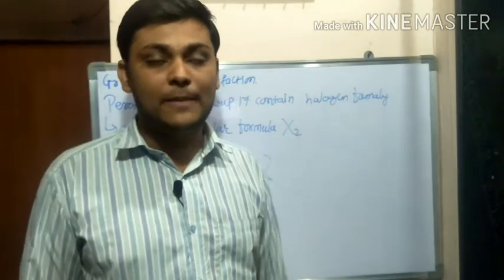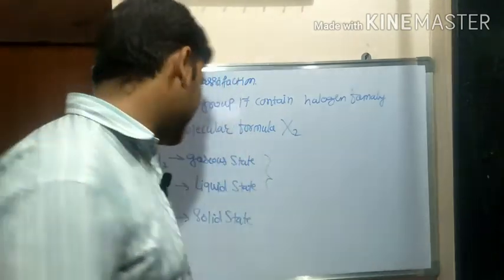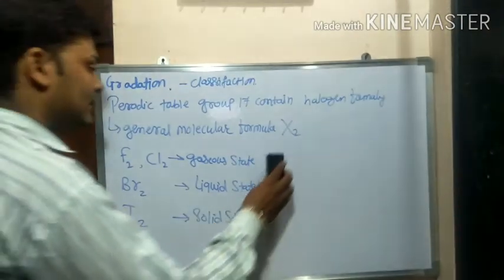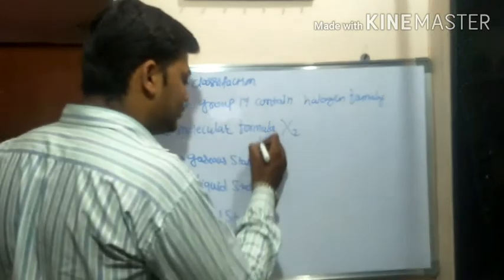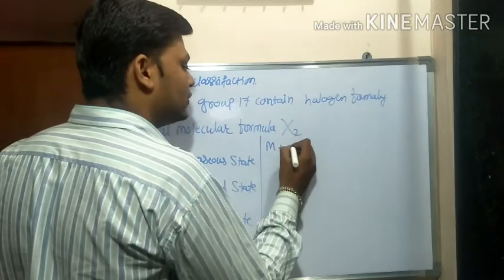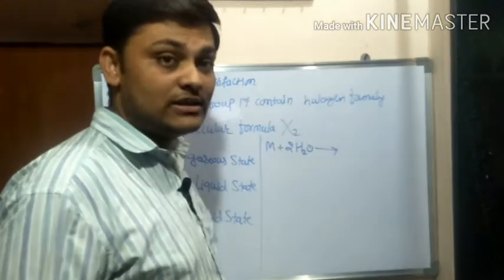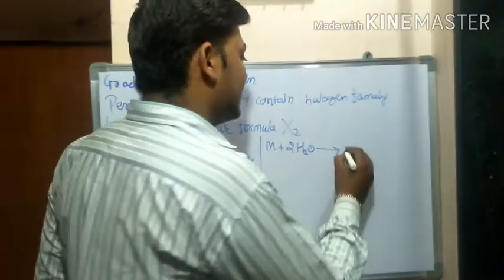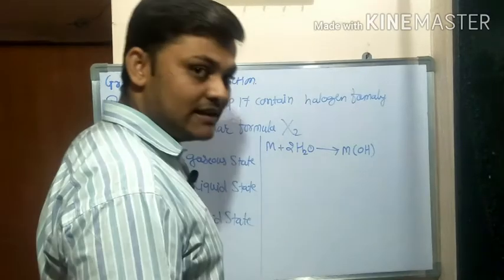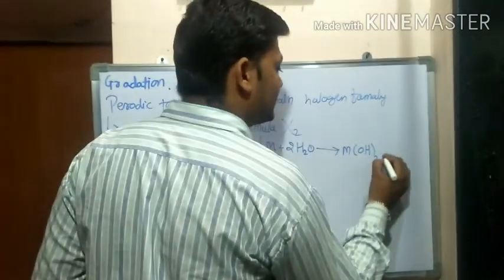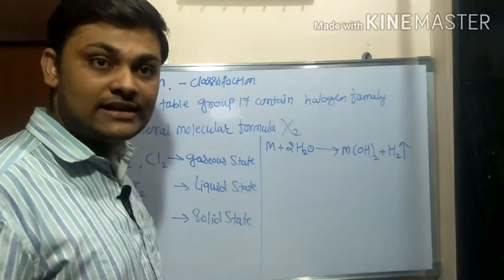If we take magnesium and react it with twice H2O, we get a reaction like this. I'll solve one numerical reaction: we take magnesium with twice H2O, which gives Mg(OH)2, since the reaction is completely oxidized, the OH group is separated in the form of twice, plus H2 gas is liberated, which means hydrogen gas is liberated.